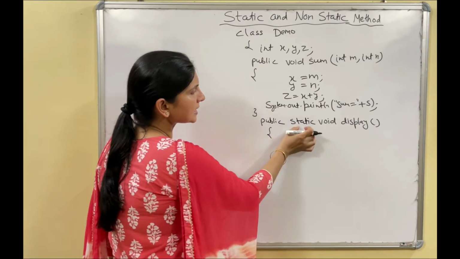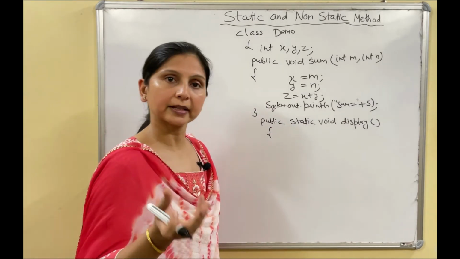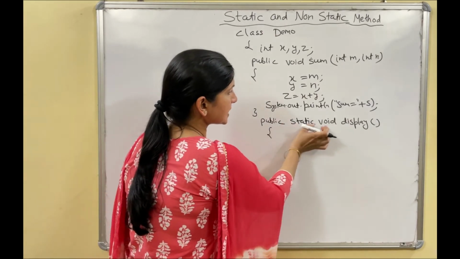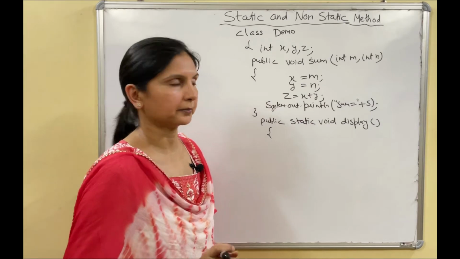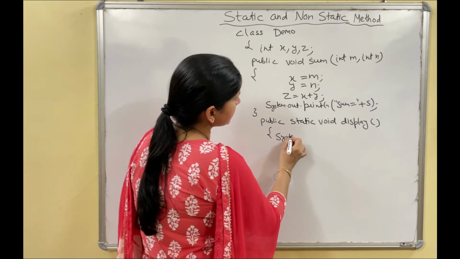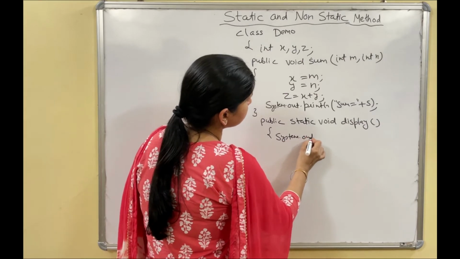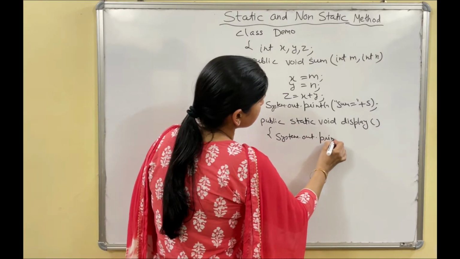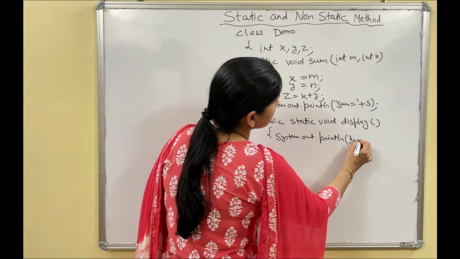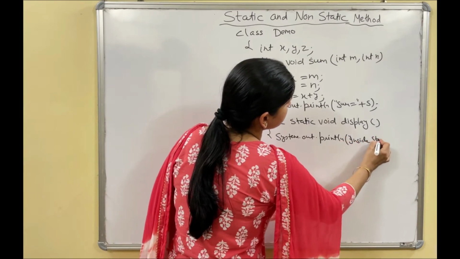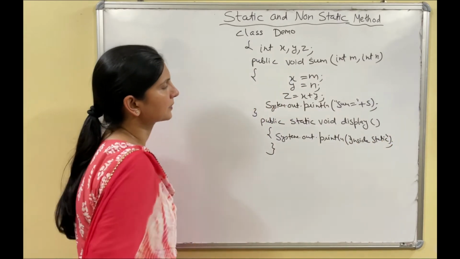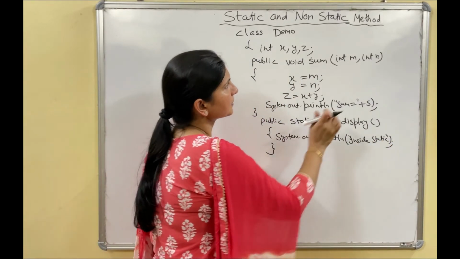As you add the static modifier in the prototype, that becomes a static method, after the access specifier and before the return type, right? Then in that I am displaying System.out.println inside static within double quotes, right? So this is a static method.